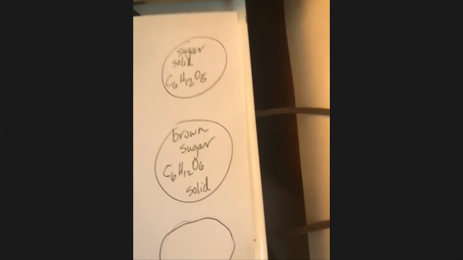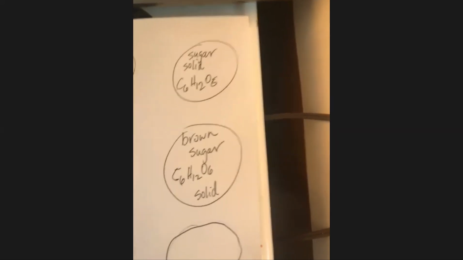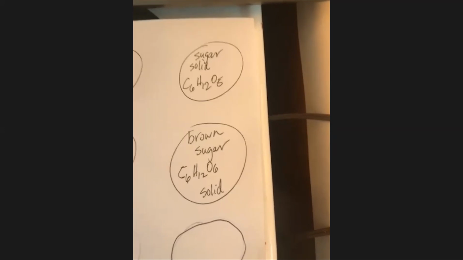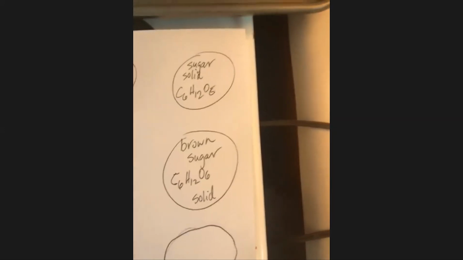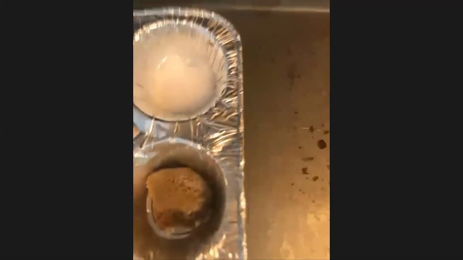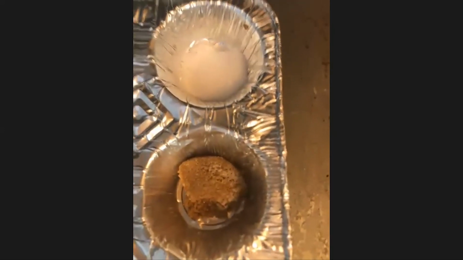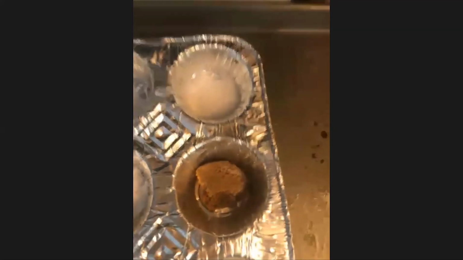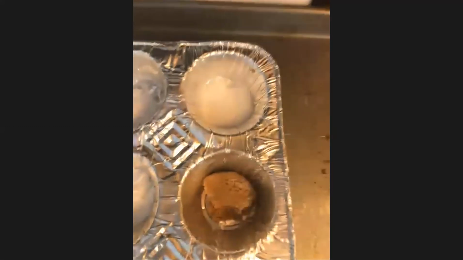And so I assume that while they're basically the same compound, the brown sugar still has what we might call impurities. Some people might call it the special characteristics of brown sugar. And so I think that's why I put them both in there, because I thought we might see a difference in melting.